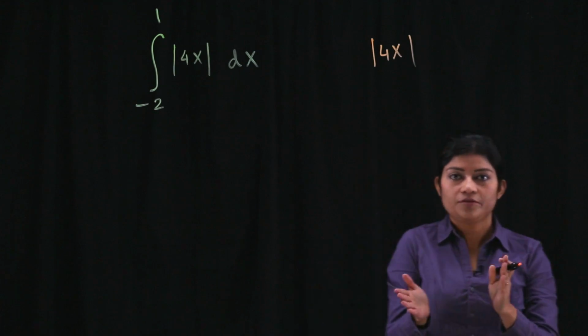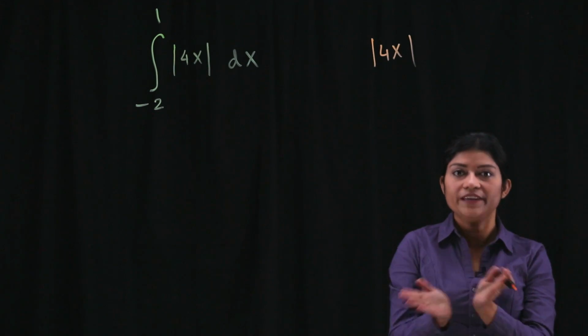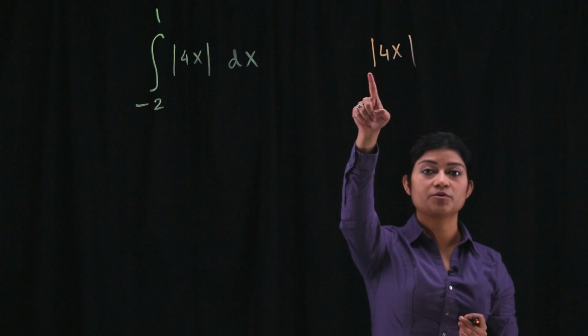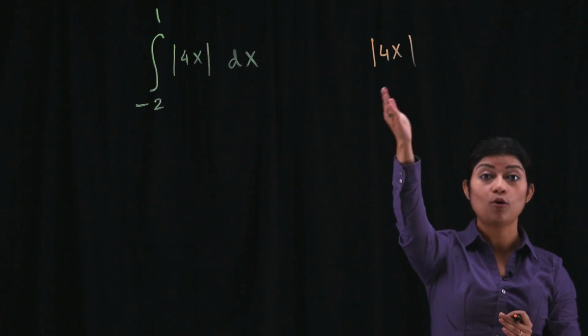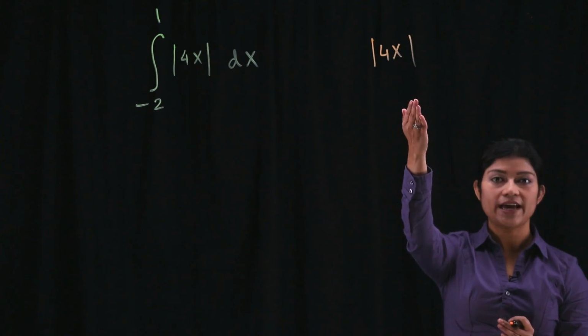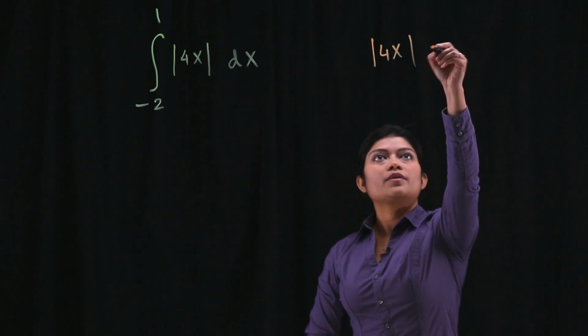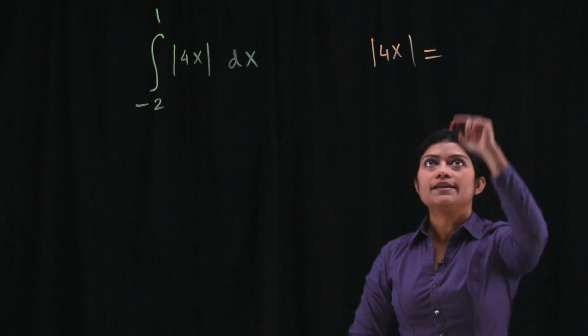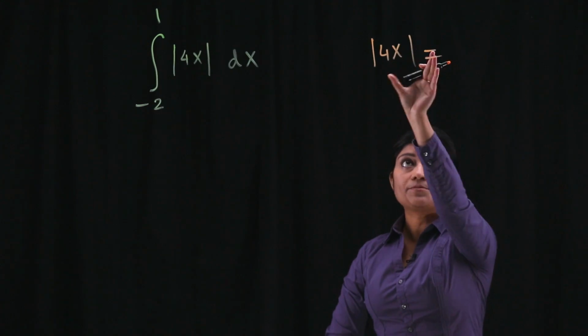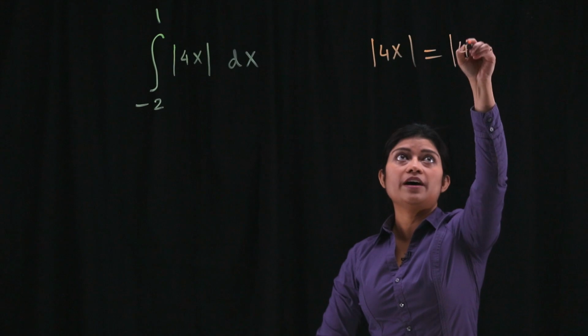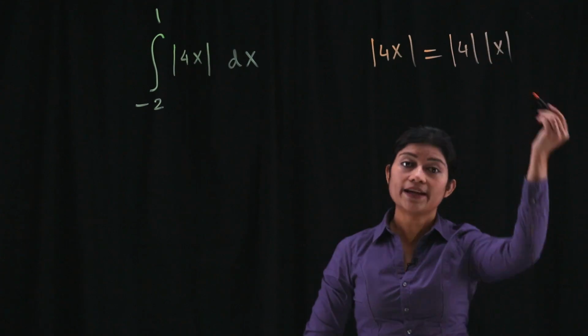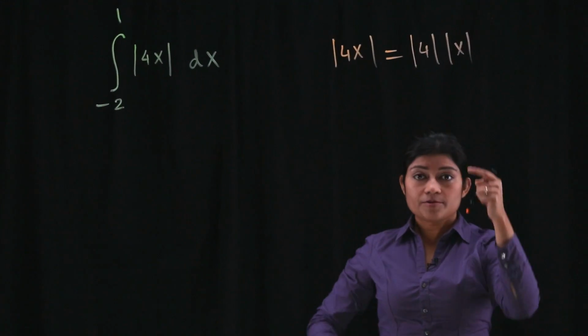Now, you know that the absolute value function's graph is a V shape, right? But this is not absolute x, this is absolute 4 times x. So let's understand what the function will look like. We can split the absolute value into the absolute value of 4 times the absolute value of x. And you know what absolute value does.